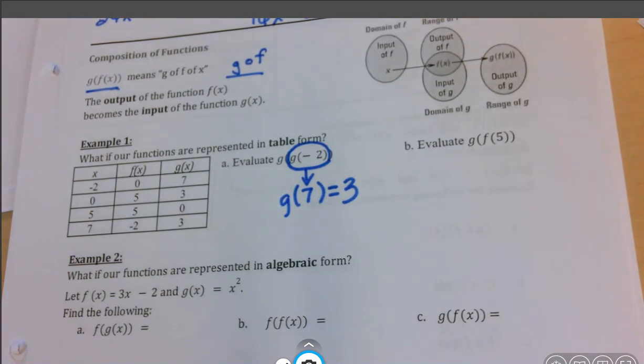Remember to start on the inside. Start on the inside, start with f of 5.